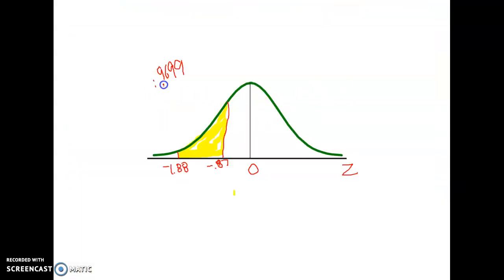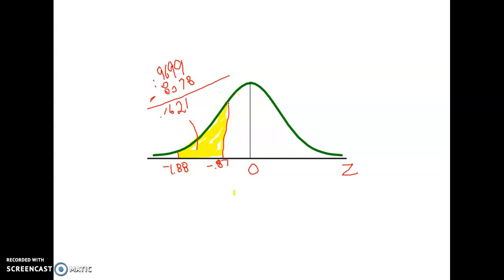So we're going to back that out, 0.8078. Subtract that. If you take 0.9699 and you back out 0.8078, you get 0.1621. So that would be this area here, this yellow area, 0.1621.